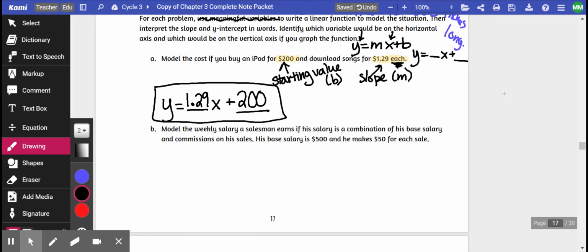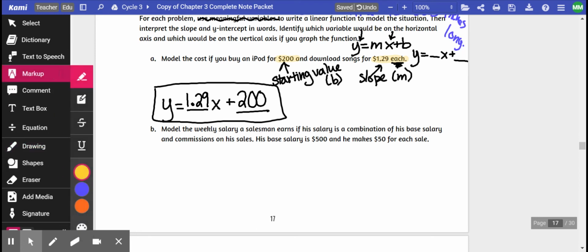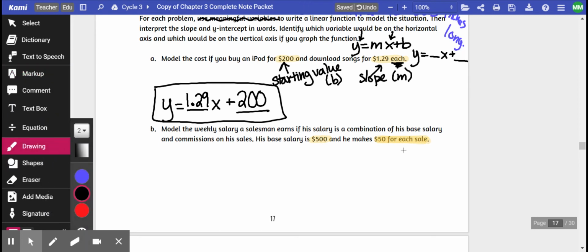For B, it says model the weekly salary that a salesman earns if his salary is a combination of his base salary and a commission of sales. His base salary is $500 and he makes $50 for each sale. All right, so we have that word each, which gives us a clue. So that means for every sale that he makes $50 more.